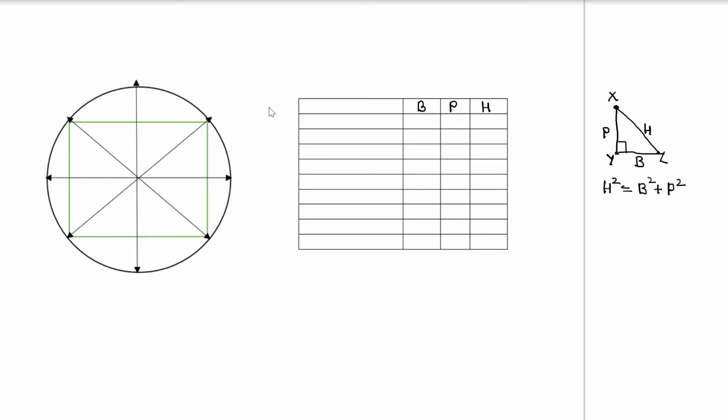Now, before I refer to this diagram, let me take the various values of theta that I am going to take here. So let's say, starting off with 0 degree, theta here is 0 degree.